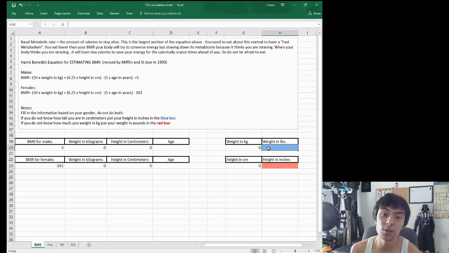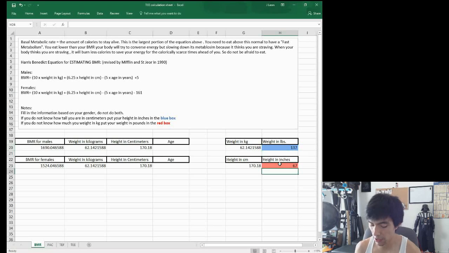Alright, so if you do not know your weight in kilograms or your height in centimeters, I provided the two blue and red boxes. All you gotta do is plug in your weight. I weigh 137, and your height, I am 67 inches or 5 feet 7 inches. It's going to plug these two numbers into both equations.